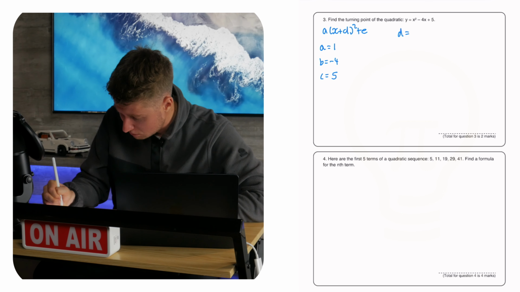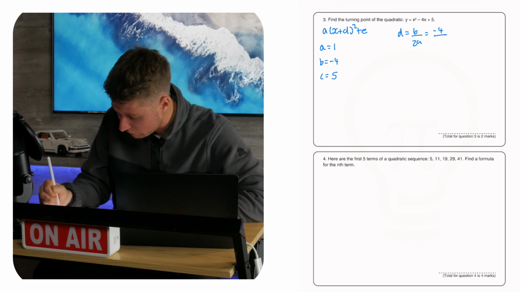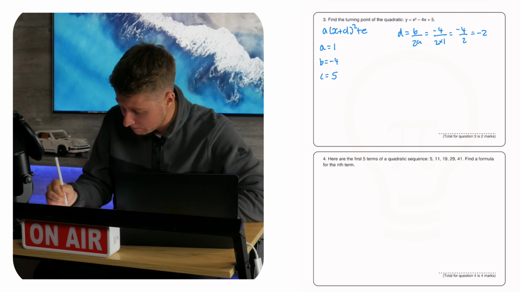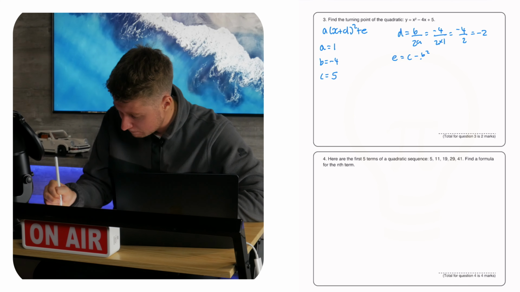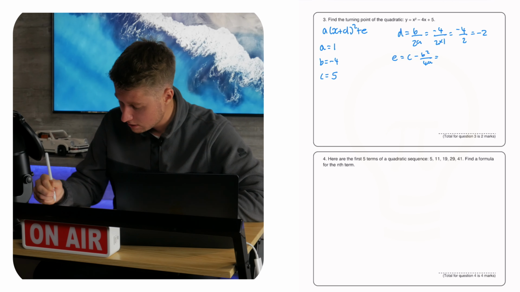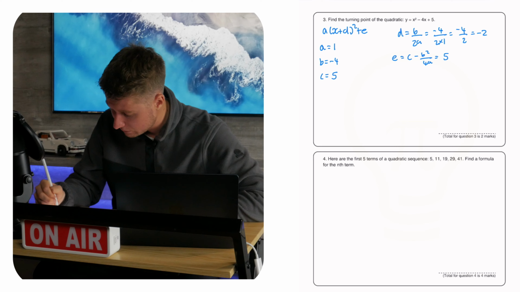So d equals b over 2a, so minus 4 over 2 times 1. So negative 4 over 2 is equal to negative 2. And e is equal to c minus b squared over 4a. So c is 5, subtract b squared, which is negative 4 all squared, over 4 times 1.